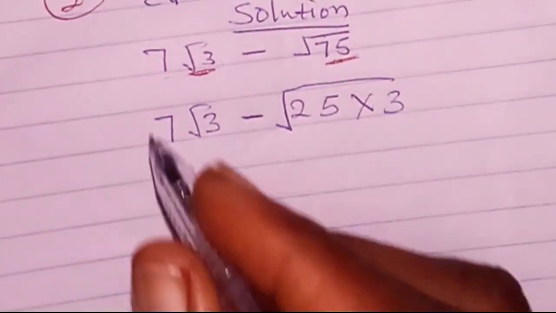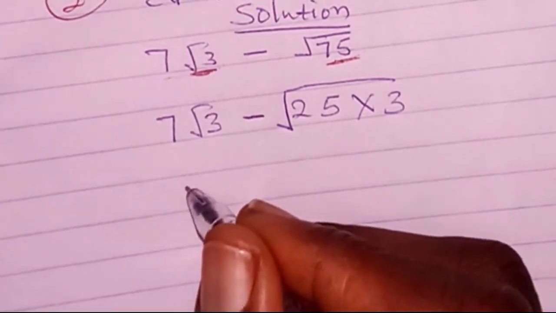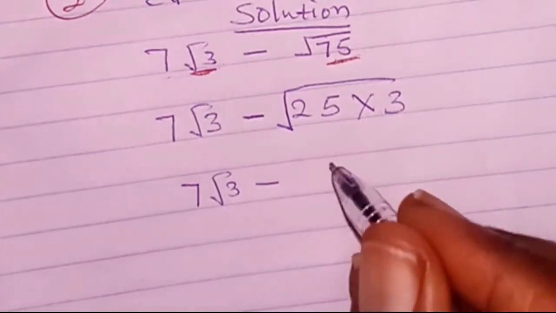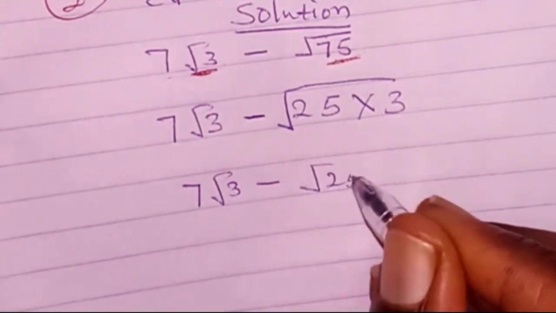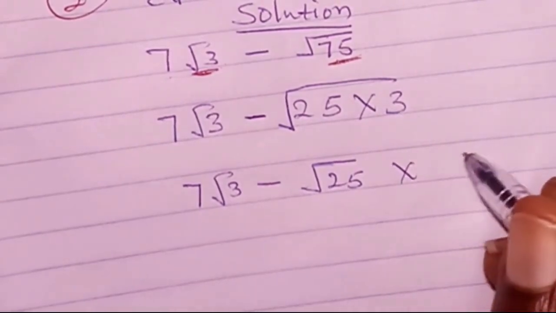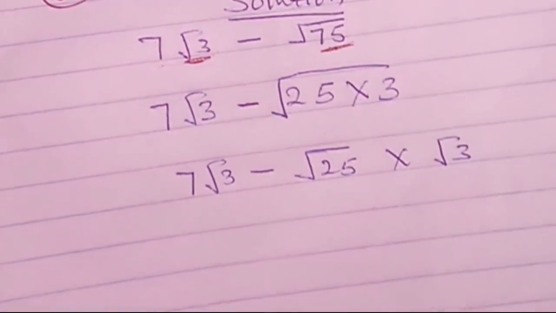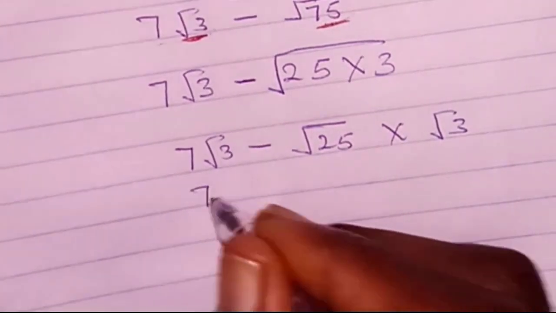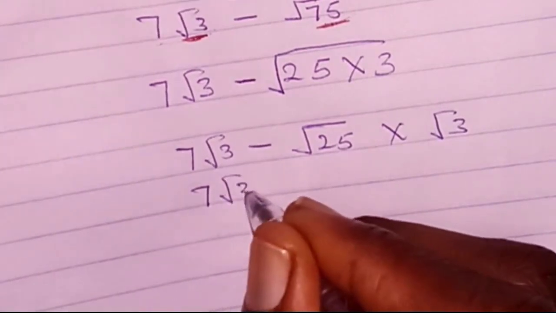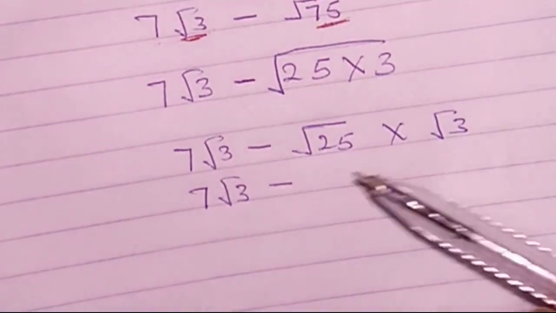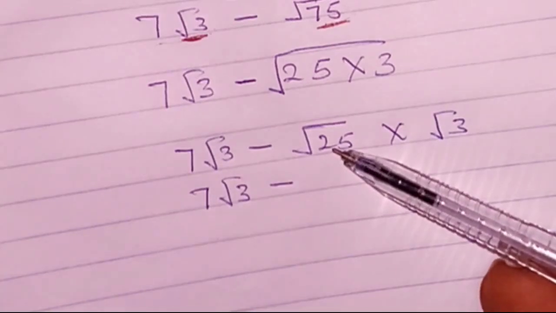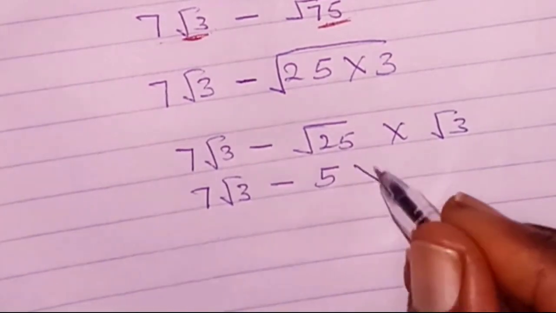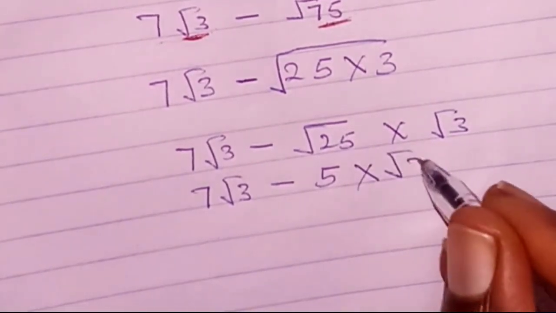Okay, now let's go ahead to simplify. So 7 root 3 minus, let me separate these two, root 25 times root 3. Alright, so what do we have next? We have 7 root 3 minus, of course, the square root of 25 is going to give us 5 times root 3.